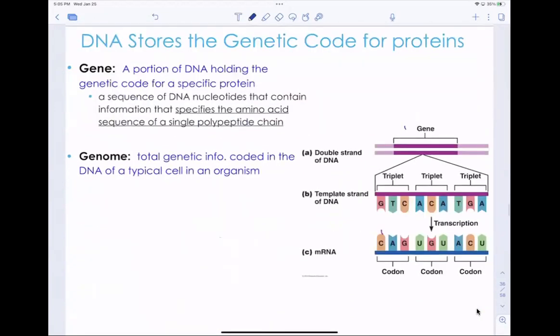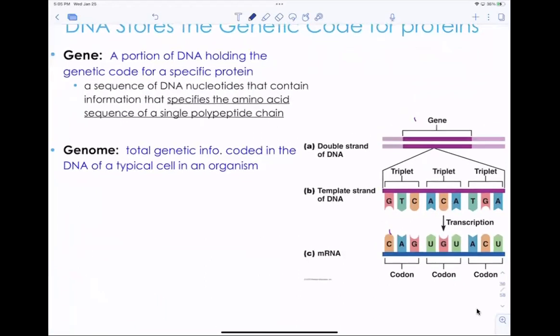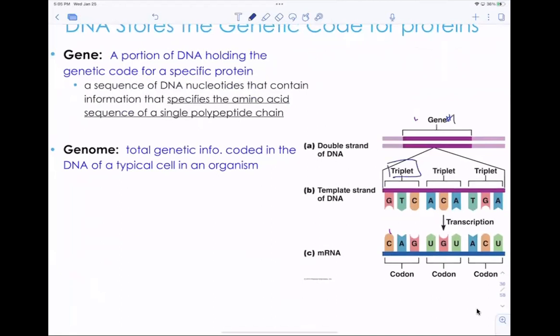So again, a gene is a portion of the DNA holding the genetic code for a specific protein. Genome is all of the genes for all of the proteins in your body. Now, this is showing you gene number 1. A triplet on the DNA strand codes for one amino acid.